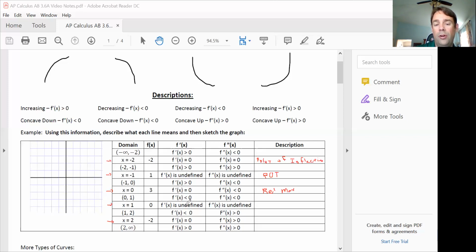At the point 1, 0, I have a critical number. It's undefined though. But the second derivative changes sign, so it's another point of inflection. And at the point 2, -2, critical number, and I have a relative minimum this time.